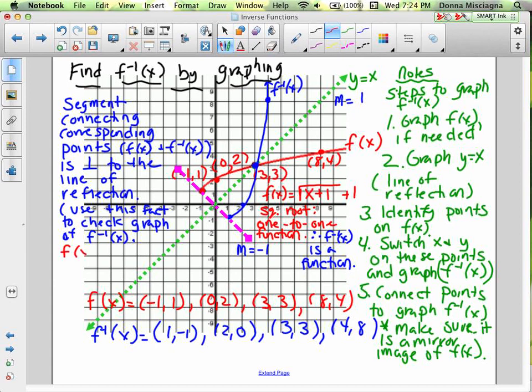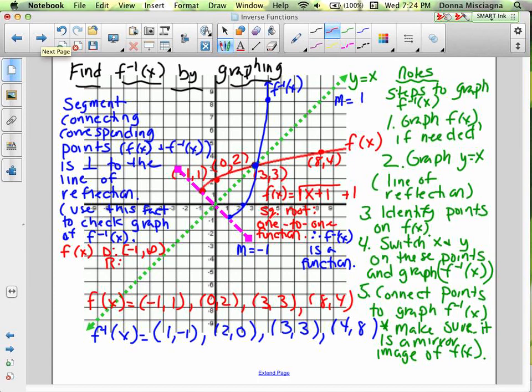So f of x, its domain, right? So its domain is not all real numbers, right? Our first x value is at negative 1. We do go through negative 1. And then it continues on forever in the other direction. So negative 1 to infinity.